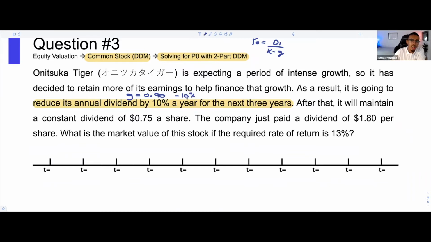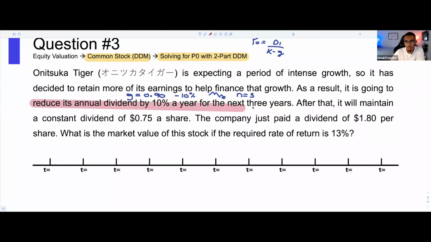It's going to be 90% of what it's supposed to be. Essentially, G is going to be decreasing every single year, for 3 years. We could even change this into its own color because we want to put it in its own category.